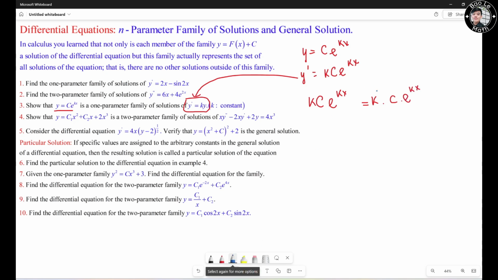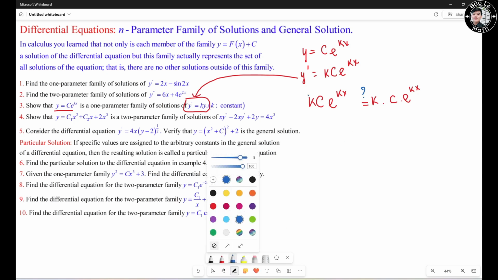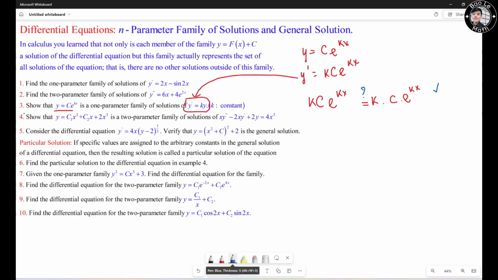Now we need to prove that both sides are the same. We observe that this one and this one are both the same, so we can conclude that this is a one-parameter family of solutions of this differential equation.